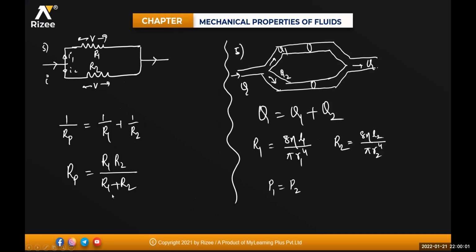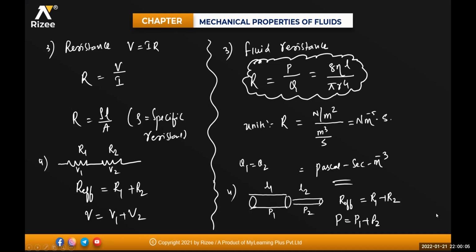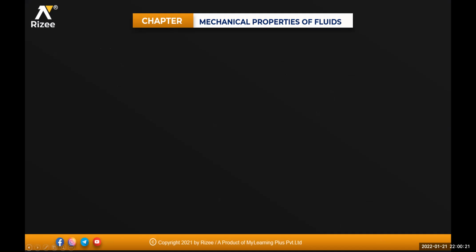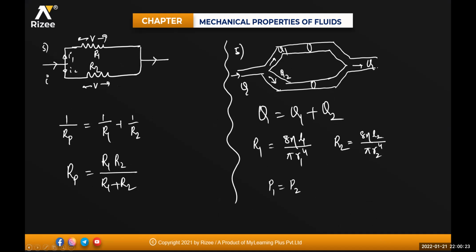In series combination, it is R1 plus R2, and in the parallel combination, it is 1 by R1 plus 1 by R2. And then pressure in the series combination will be P1 plus P2, whereas in the parallel combination the pressure will be the same, but the rate of flow will be Q1 plus Q2. Clear? So these are the things you need to remember in your coefficient of viscosity.